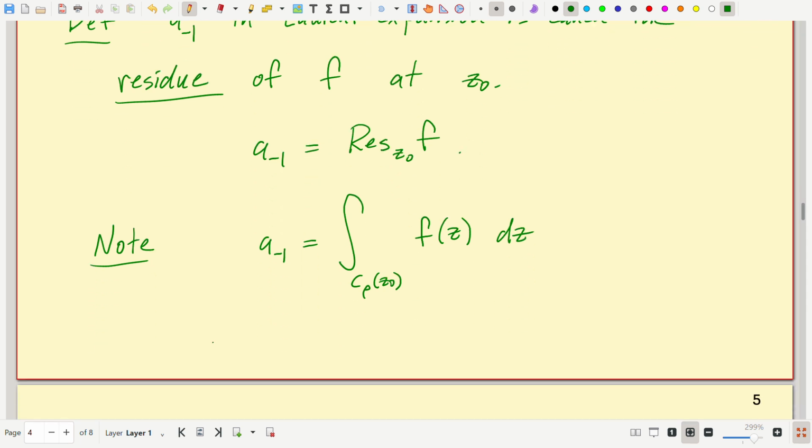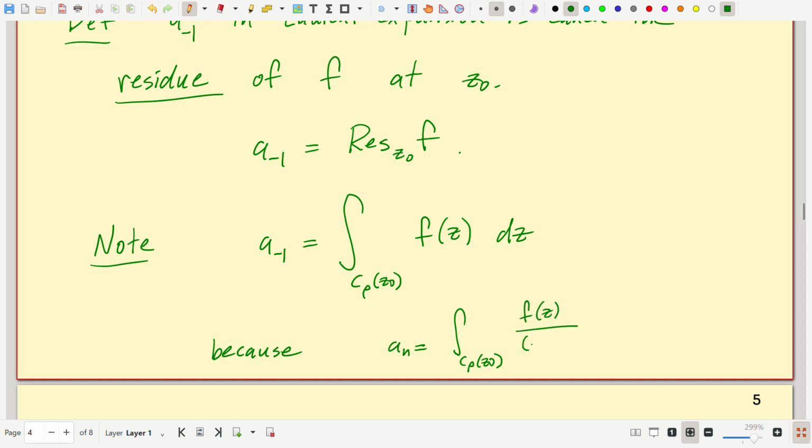We had this general formula that worked for all the n's: a sub n was equal to the integral around a circle of radius rho about z naught of f of z over z minus z naught to the n plus 1.